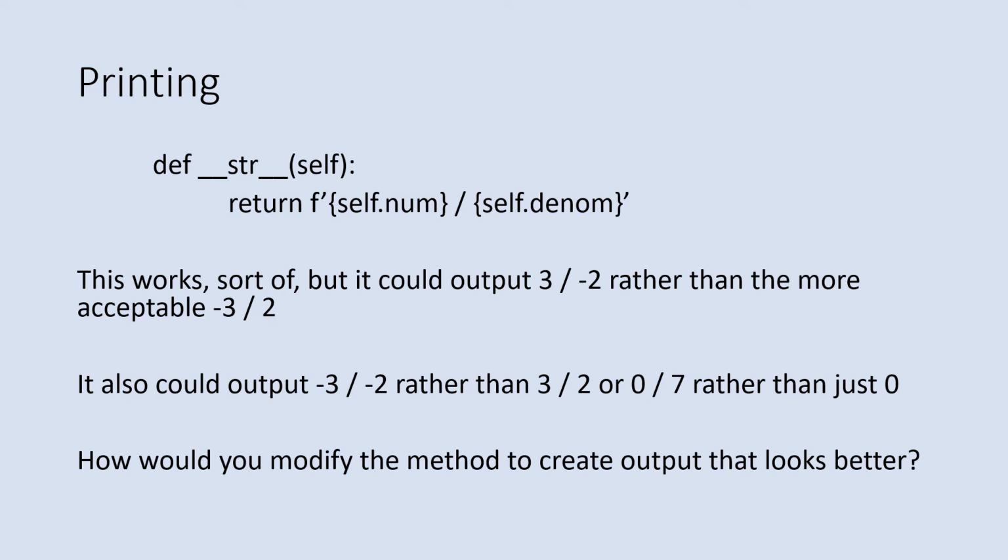And even in the str method, we might automatically print something in reduced form, or maybe we don't. Right? These are choices that we can make, and it will depend on how we plan to use the fraction class. If you're going to use it in certain ways, you would make certain choices at this point, and in different ways, you would make different appropriate choices.